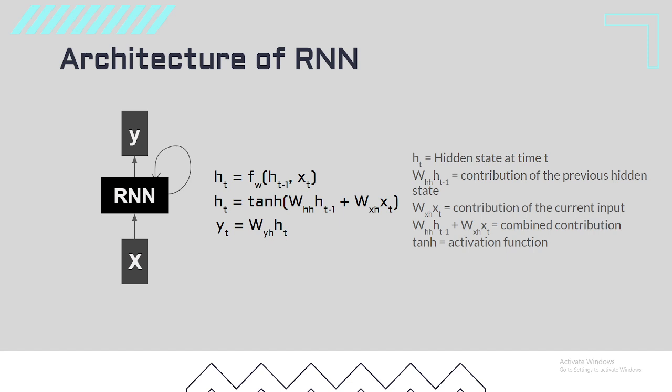Once we have this hidden state, we generate the output. This compact formula captures the magic: memory plus input, a non-linear transformation, and then we get the output. It's the elegant loop that lets RNN remember and predict step by step through time.